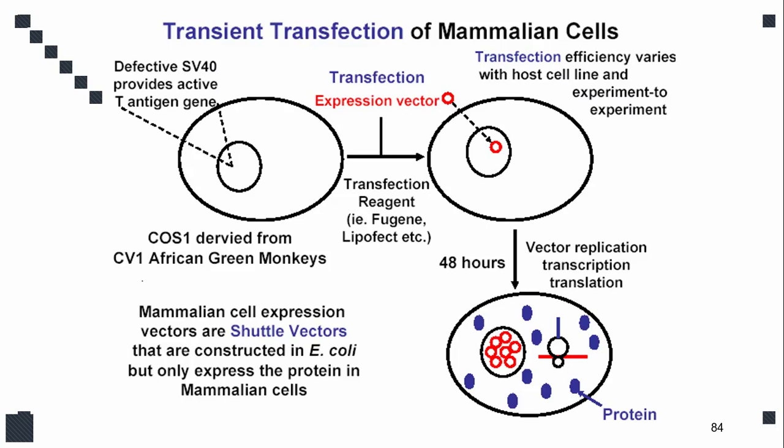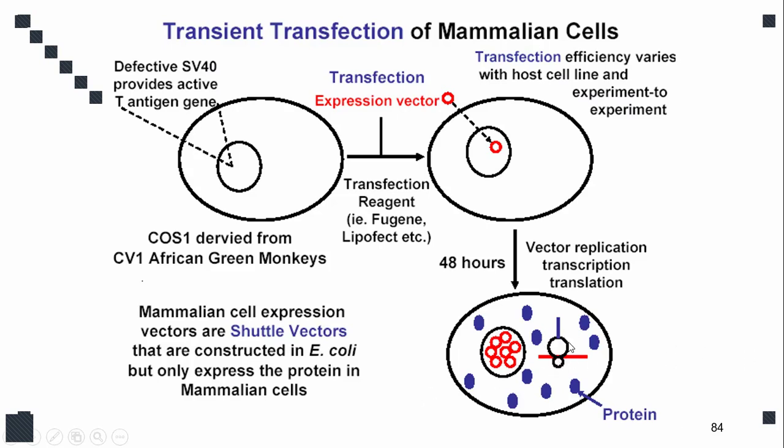you get your cell, the defective HB40 provides the active antigen gene, then you use it to transfect the cell. You can see your expression vector has moved into the nucleus. And then from there, you can appreciate what happens after 48 hours. It has replicated, and then the messenger RNA has been produced and sent into the cytoplasm, and then you can see the machinery, the activity taking place.